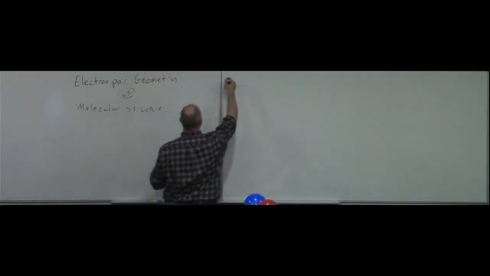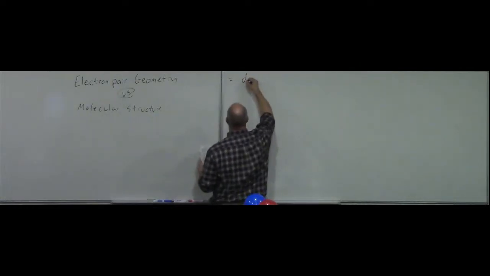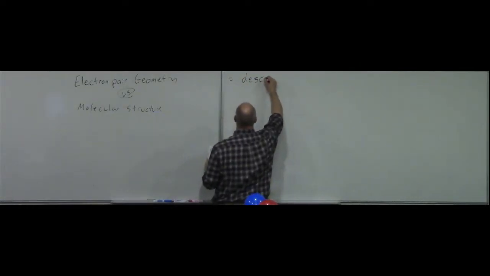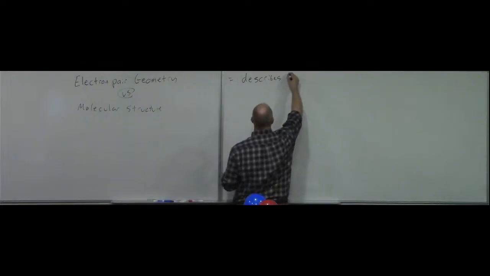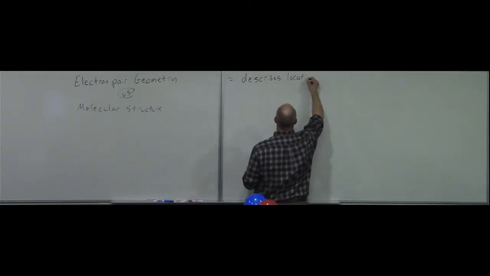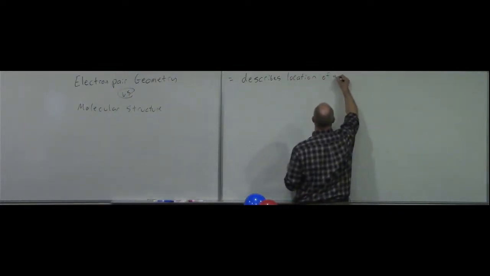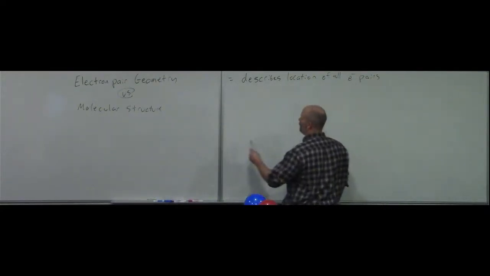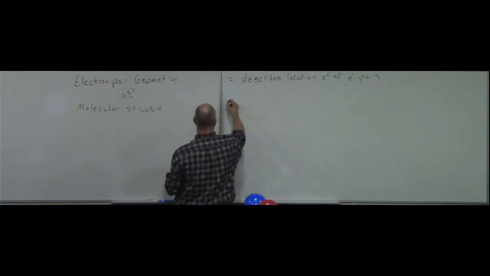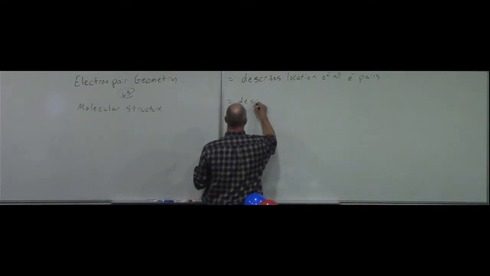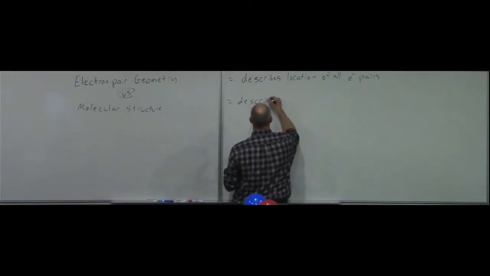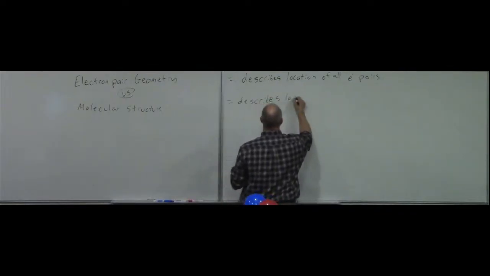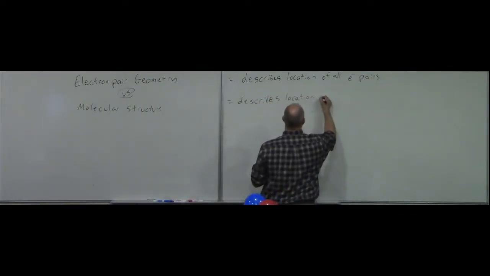So, electron pair geometry describes the location of all electron pairs, versus molecular structure, which describes the location of atoms.